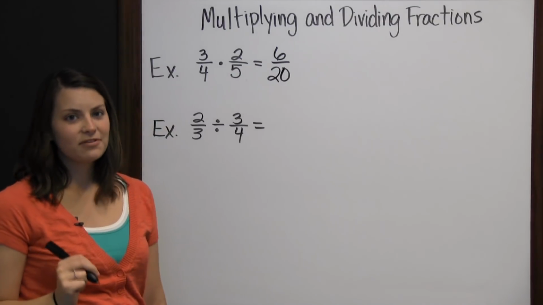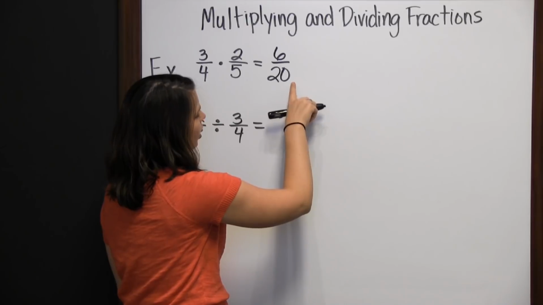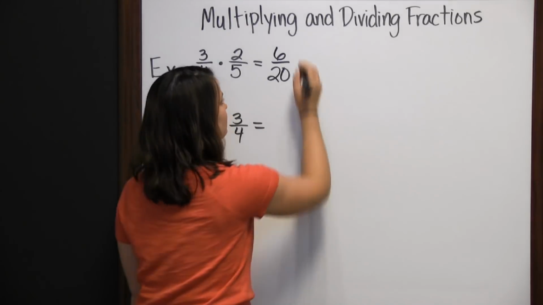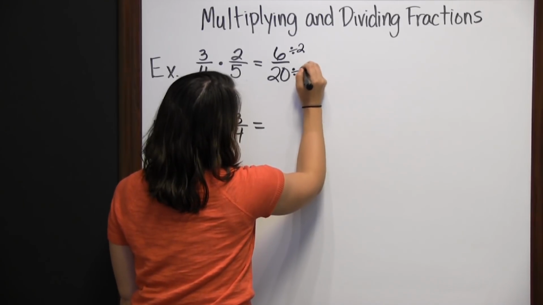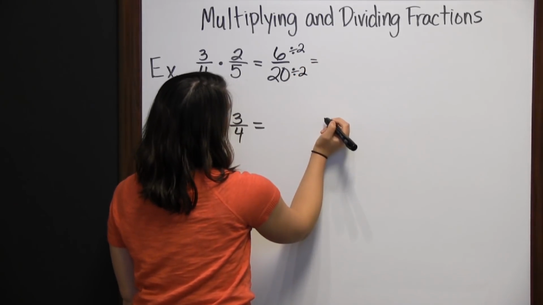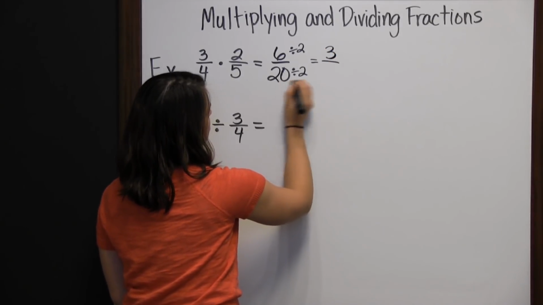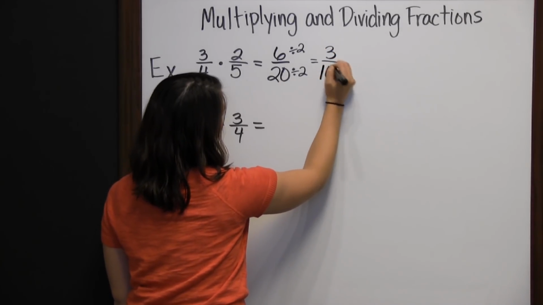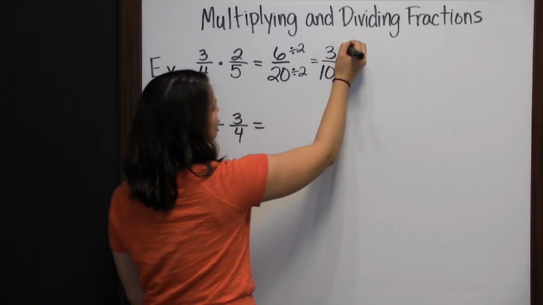Then we can simplify. 6 and 20 are both divisible by 2. So divide your numerator by 2 and the denominator by 2. 6 divided by 2 is 3, and 20 divided by 2 is 10. So 3/4 times 2/5 is 3/10.